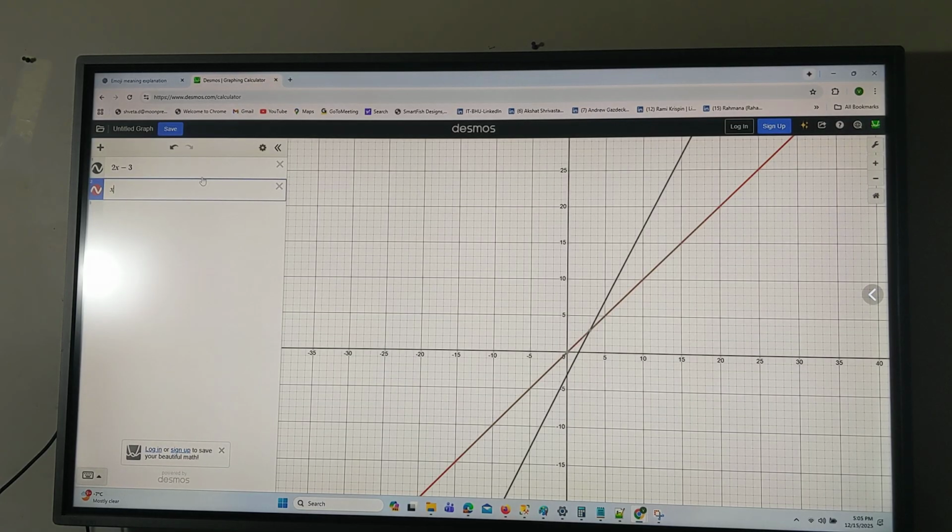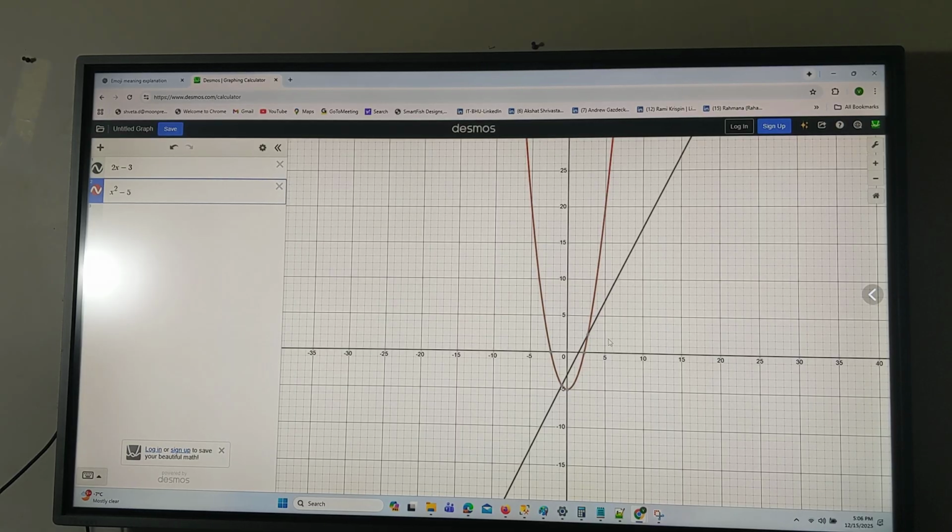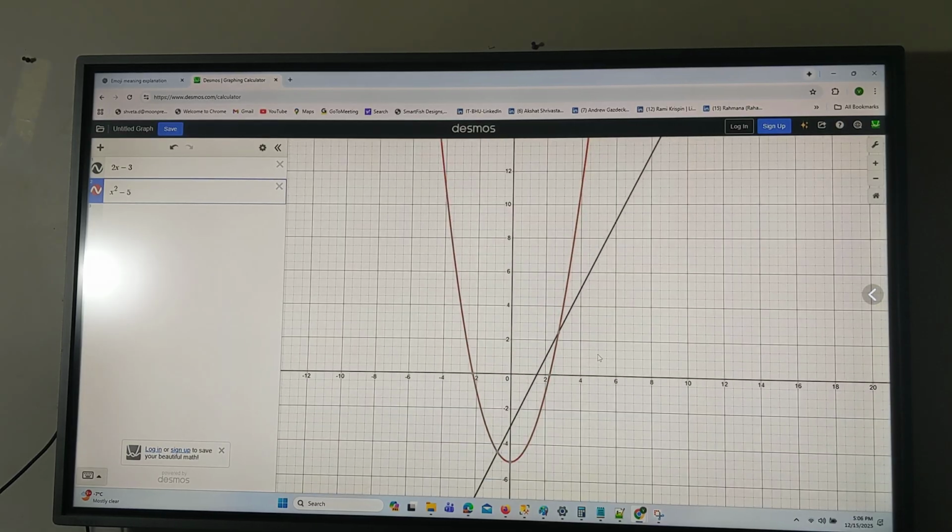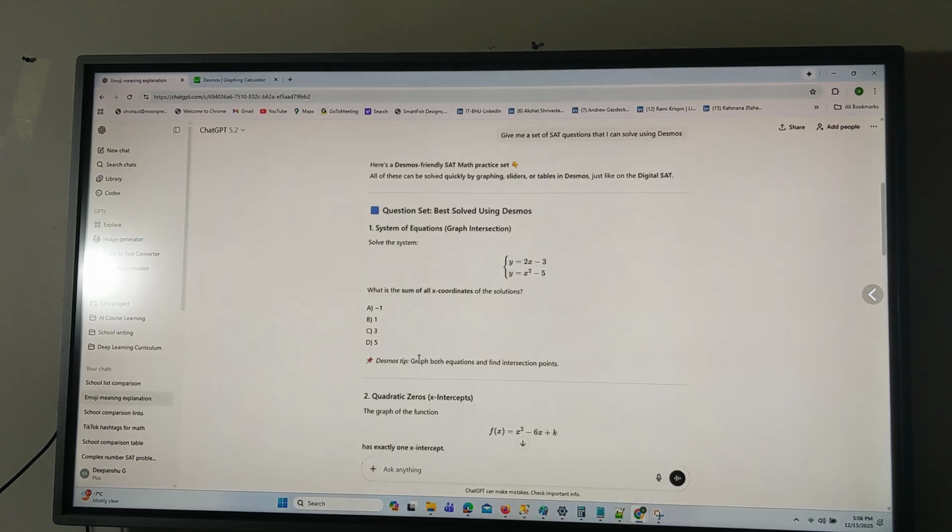I write x^2 - 5 here, and then I look at the solutions: about -0.7 and 2.7.